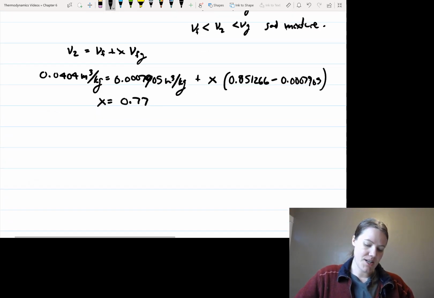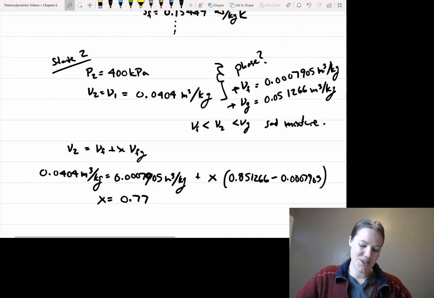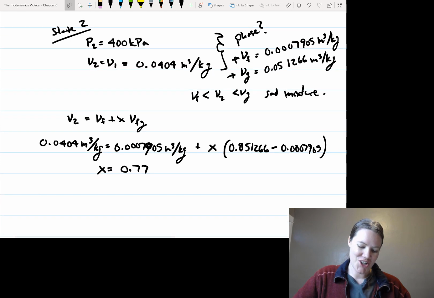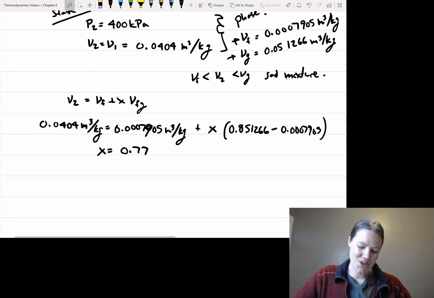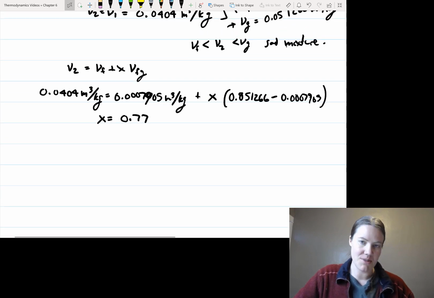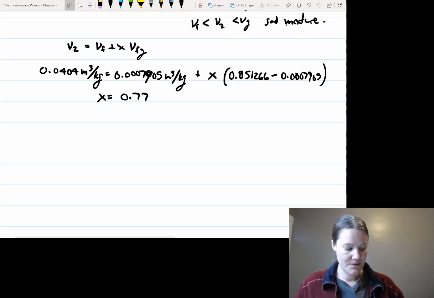All right, so now that we know the quality, and we know the pressure, and we know that this is a saturated mixture, we can use that data. So we have everything we need to look up our data for state 2.